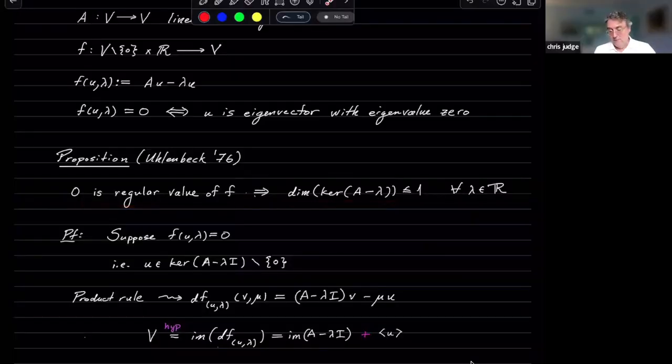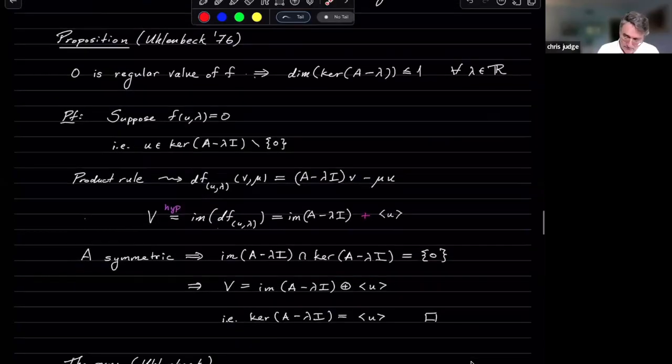Of course, the dimension of the kernel being equal to 0 means that lambda is not an eigenvalue. It's either an eigenvalue or it's not an eigenvalue, and if it's an eigenvalue, it's simple. So being a regular value for f gives you this.